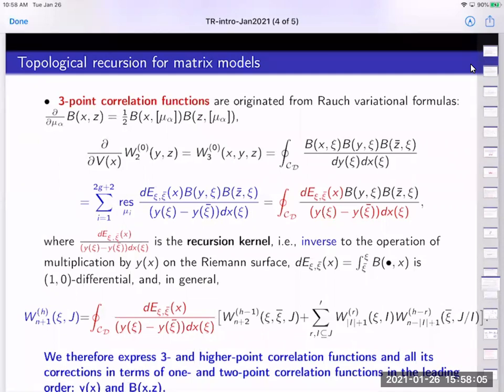And this Bergman kernel splits into the product of two. And it's actually not a very difficult exercise to obtain from this formula the action of this loop insertion operator on the 2-point correlation function, which by definition produces the 3-point correlation function. And it happens that it is given by this integral, and more precisely by the corresponding residue formulas.